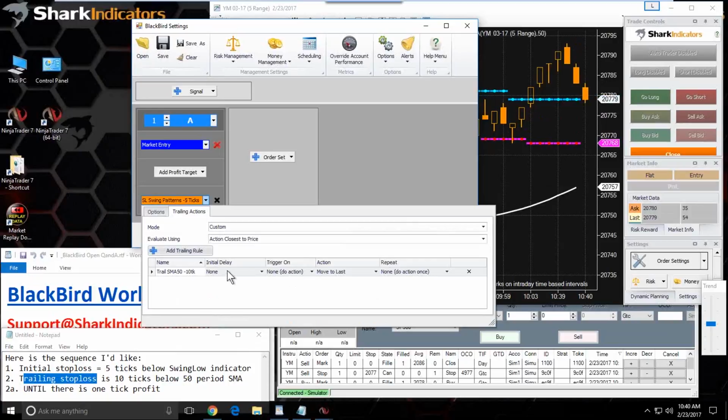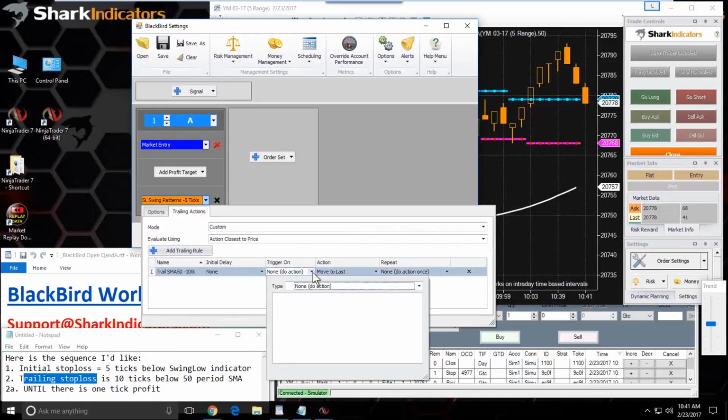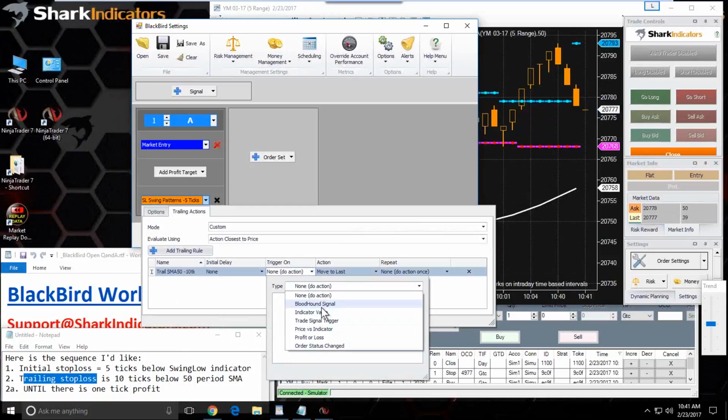The delay puts a pause before your trailing rule can start taking effect, before your trailing rule can start executing. And all these different trigger on conditions also make the trailing rule wait until your condition occurs. So these trigger ons are basically like another kind of pausing mechanism.